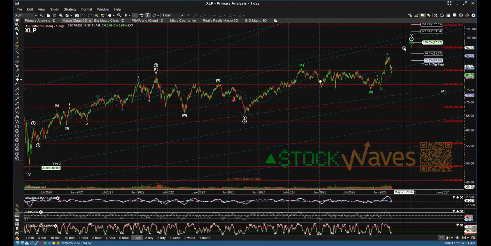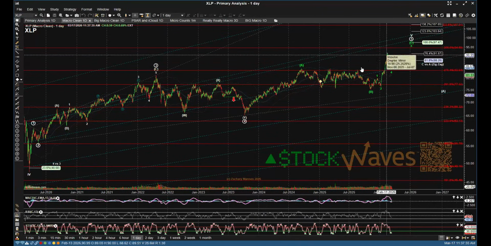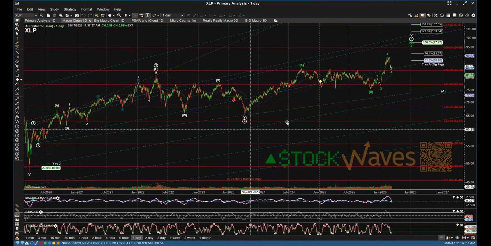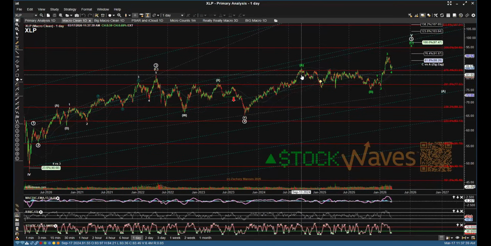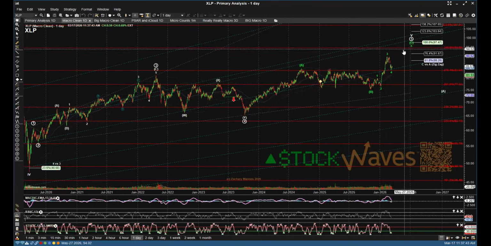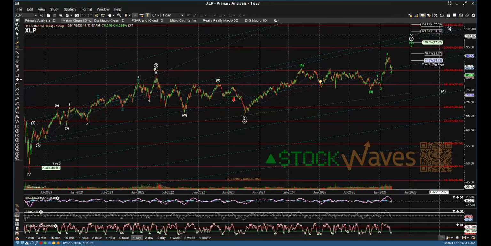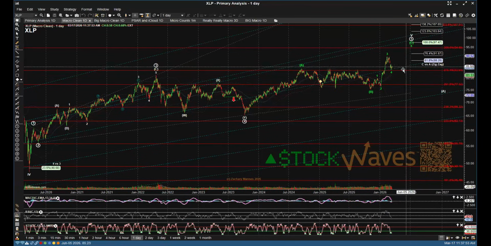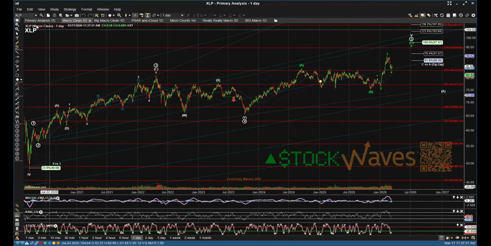So while we have a possible C wave move to the upside that could be proportionate to the entire A wave, XLP, while it has room for one more high, doesn't have the same extension potential that we see in the XLY chart. So potential for both of those to get some upside, even though XLY might outperform.